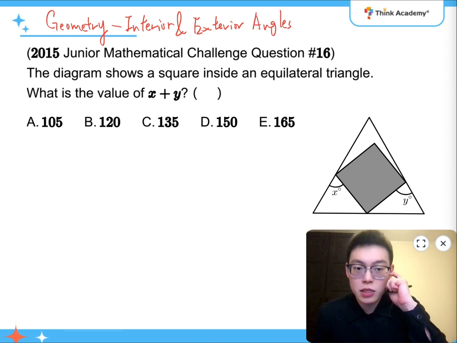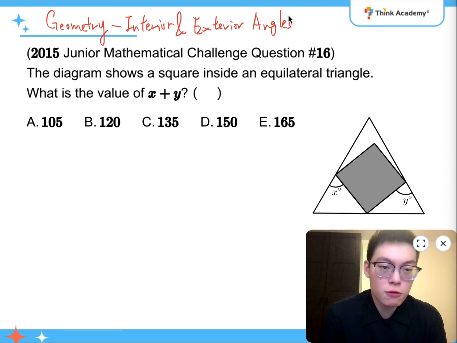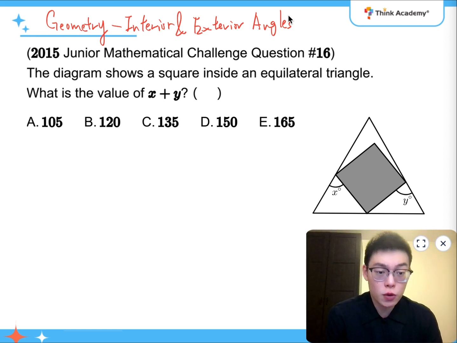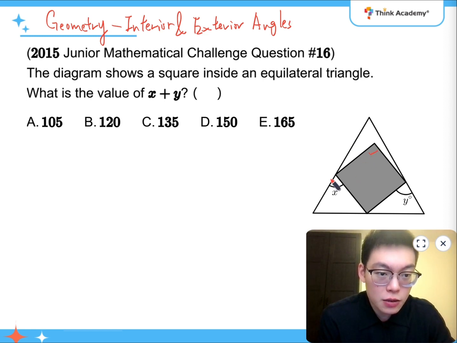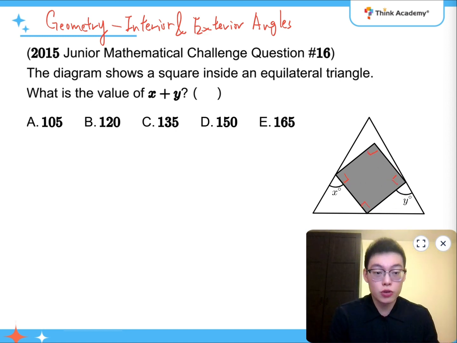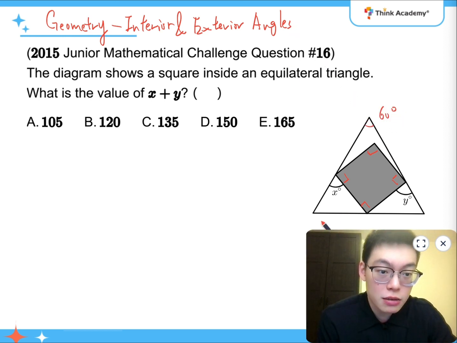All right, so now what do we know from this question? We know that it is a square inside an equilateral triangle, which means that for squares, all the angles should be right angles. And for an equilateral triangle, all the angles should be 60 degrees, right?